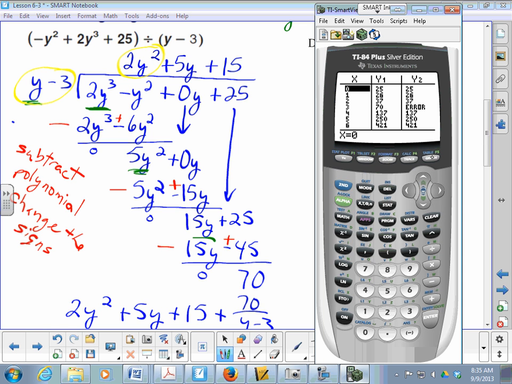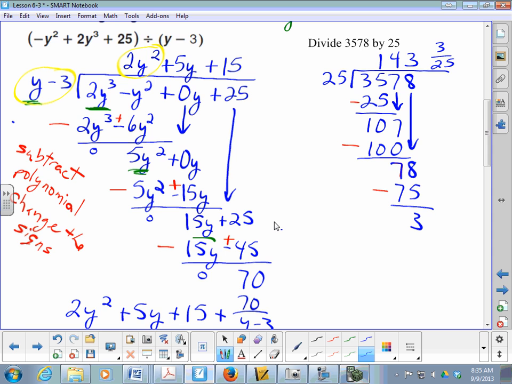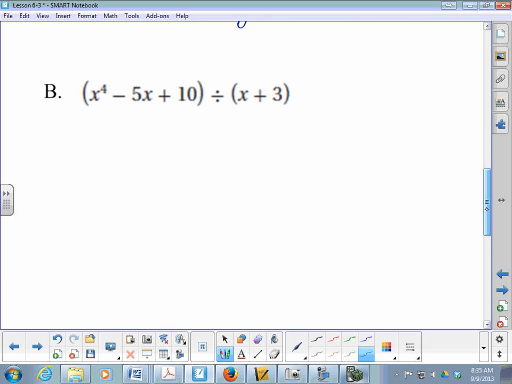Okay, let's look at another one, and then we'll put you to work. All right, so we're going to do this one here: x to the fourth minus 5x plus 10 divided by x plus 3. So the divisor goes on the outside.